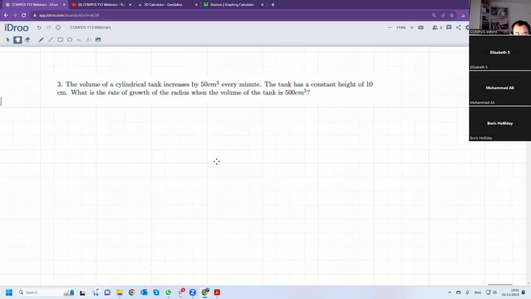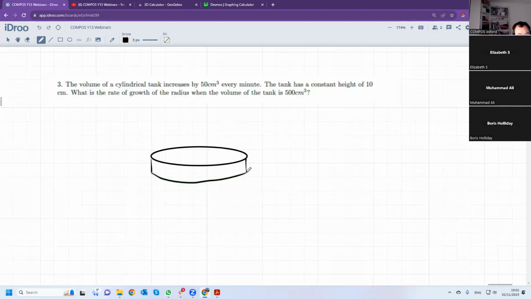Okay, that is a very weird tank. So basically what's going on, we have a tank, which is like this. It has a fixed height of 10 centimeters.